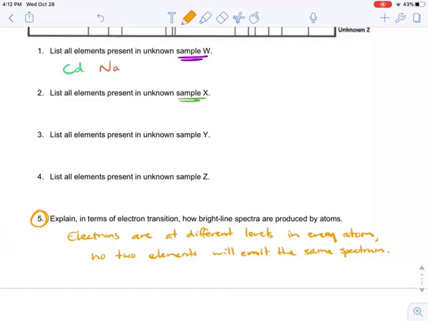So because the electrons are unique to each element, the spectrum that they release, with regards to the light that they give off as they fall back down from an excited state, are going to be unique as well.